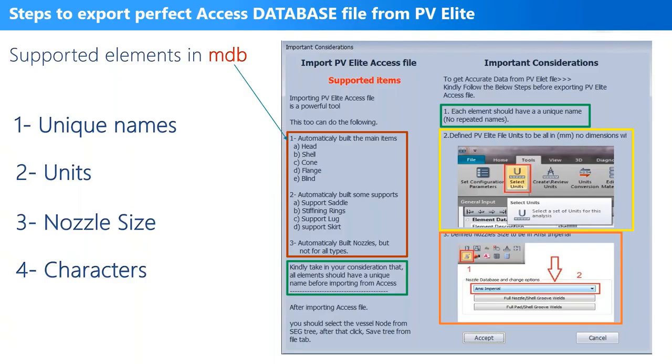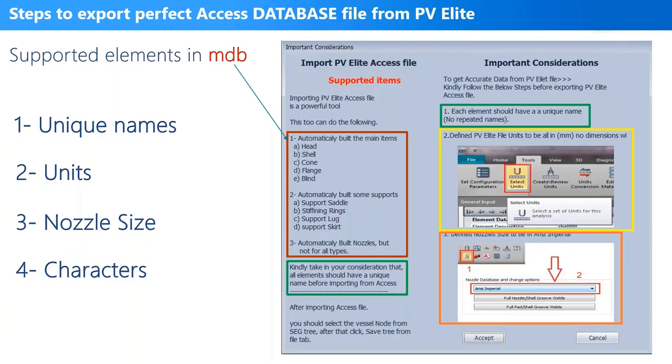Why? Because in all CAD software, you should have unique names for each element in your model. No repeated names, because in the 3D model there will be a conflict between the names. So you should have a unique name for each element.